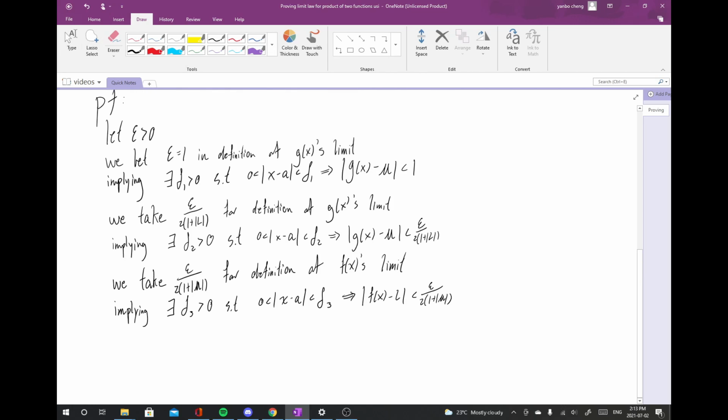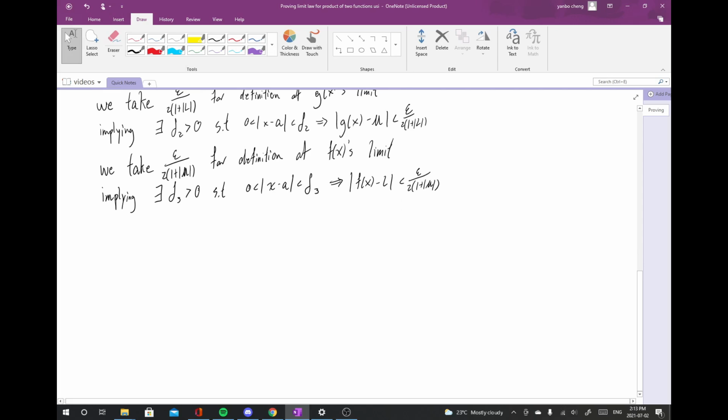Now that we have these three, let's take a delta for the actual proof. Take delta equals the minimum of all three deltas.